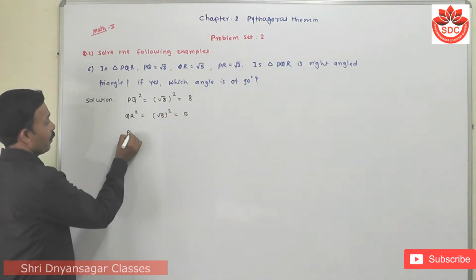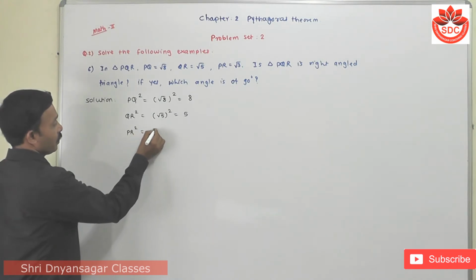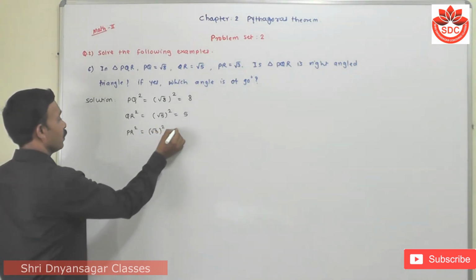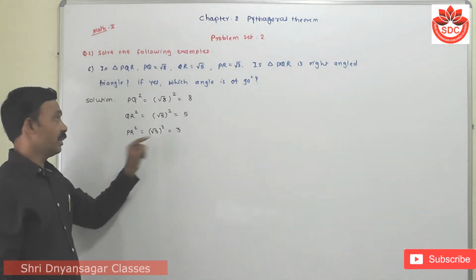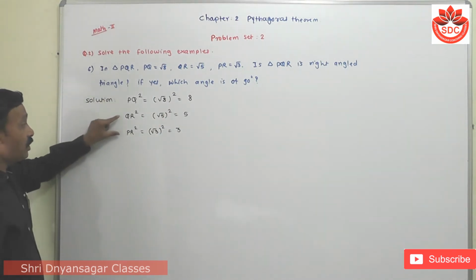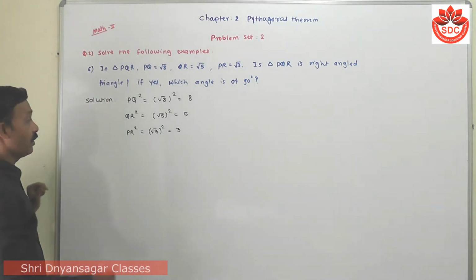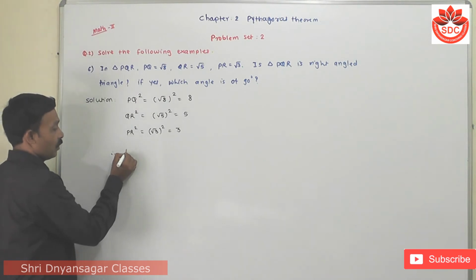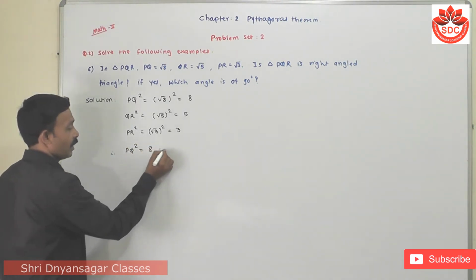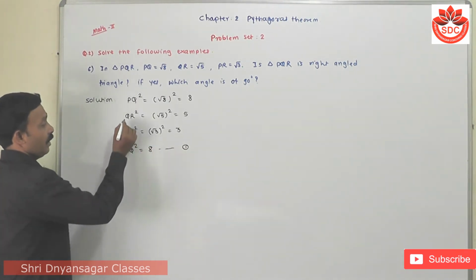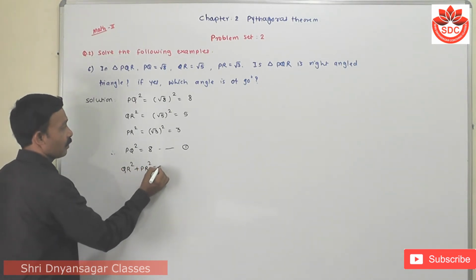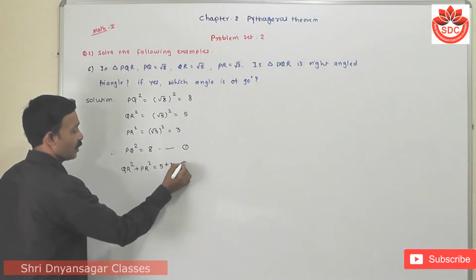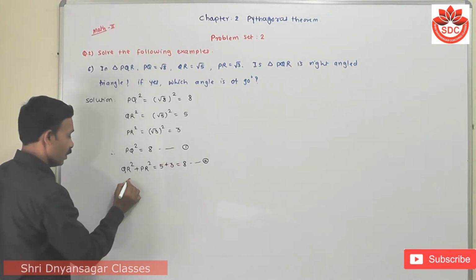Then PR square is root 3 square, which is 3. Therefore PQ square is equal to 8, equation first. Then QR square plus PR square is equal to 5 plus 3, which is 8, equation second.